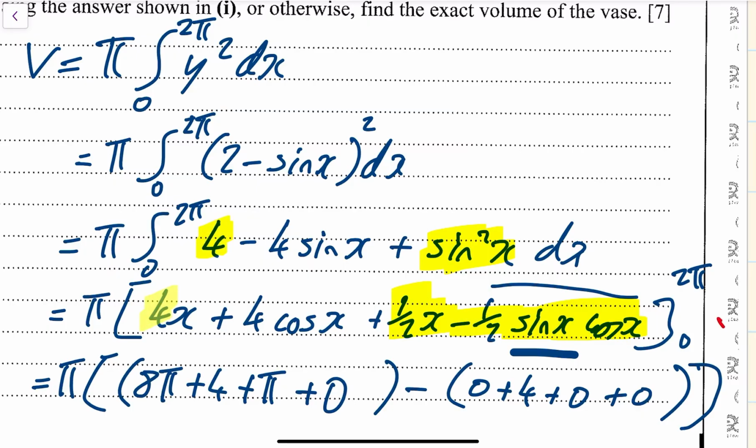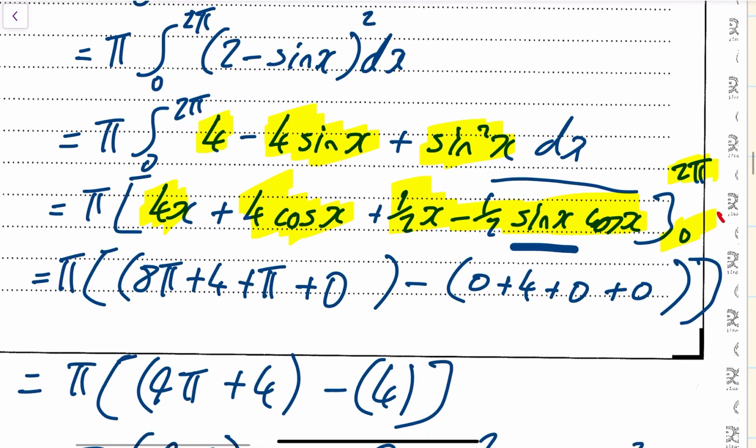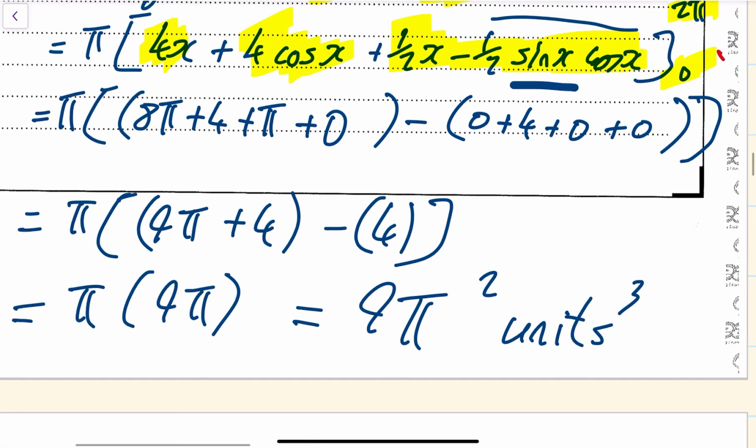When you integrate 4, you get 4x. When you integrate the 4 sine x, you get 4 cos x. And then it's been integrated, so your limits are now on the right-hand side. Fire those in. I'll just leave it on the screen for a second and you can see what you would get. The first bracket is 8 pi plus 4 plus pi plus 0. Second bracket would be 0 plus 4 plus 0 plus 0.